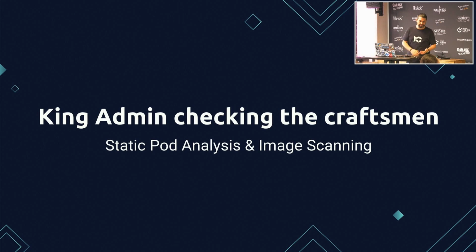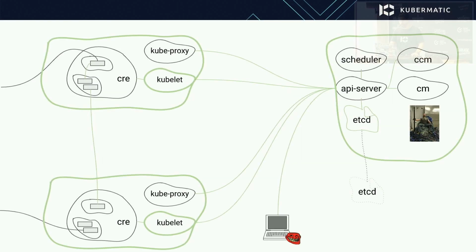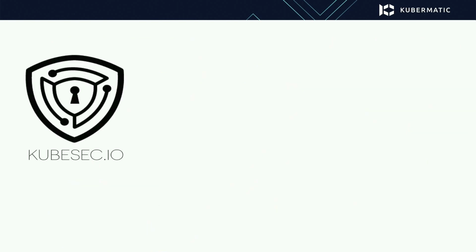So King Admin took care of some stuff already within the cluster, and now he looks for some craftsmen. He wants to get some additional help, and he wants to do some static pod analysis and image scanning. So for static, now Hakarius is trying to reach out to you or your CI/CD pipelines.